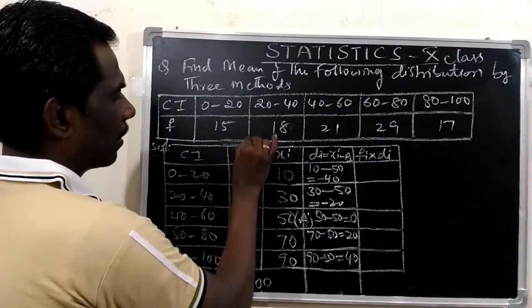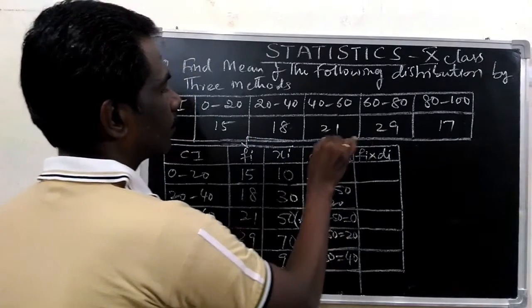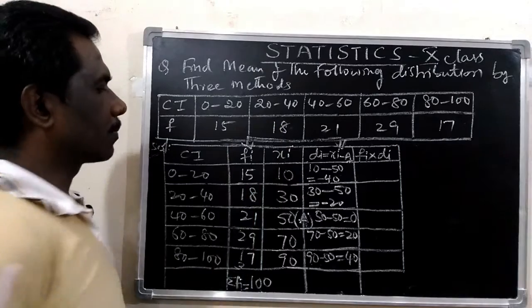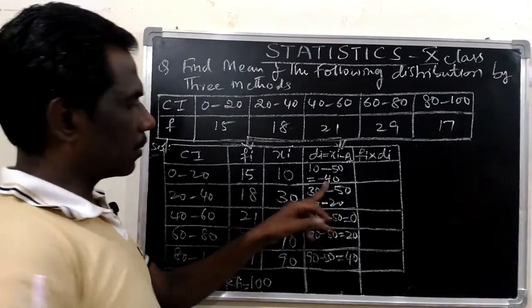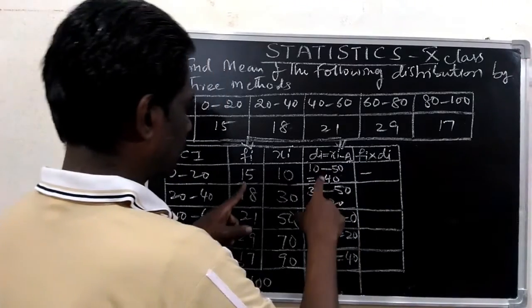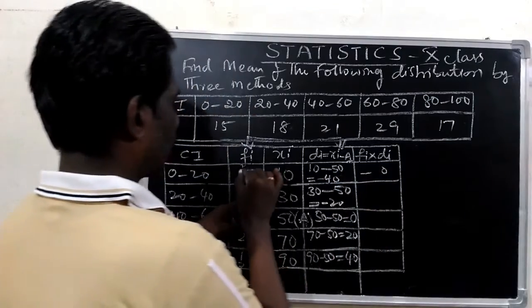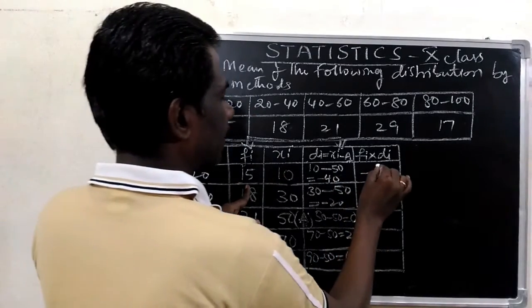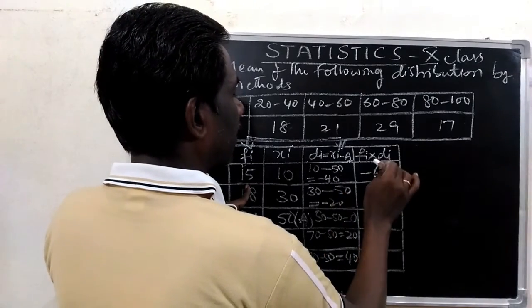So this is the fi and this is di. We have to multiply these two columns. 15 into minus 40: 4 5s are 20, 4 1s are 4, 4 plus 2 is 6, I write 0, so minus 600.